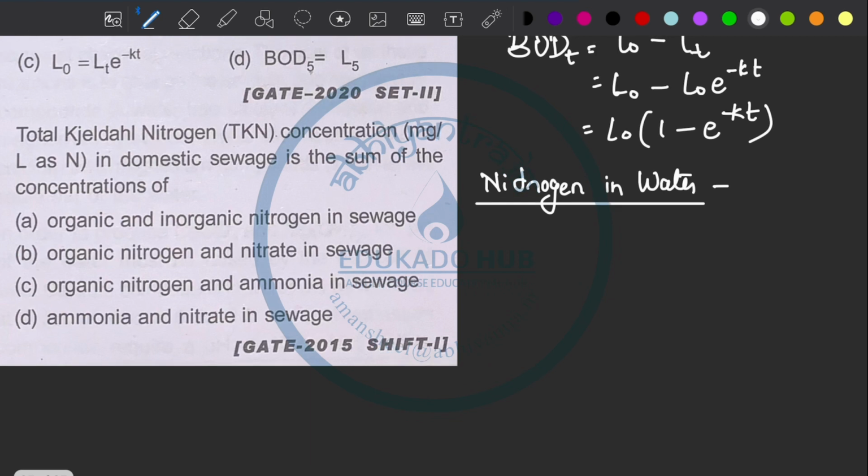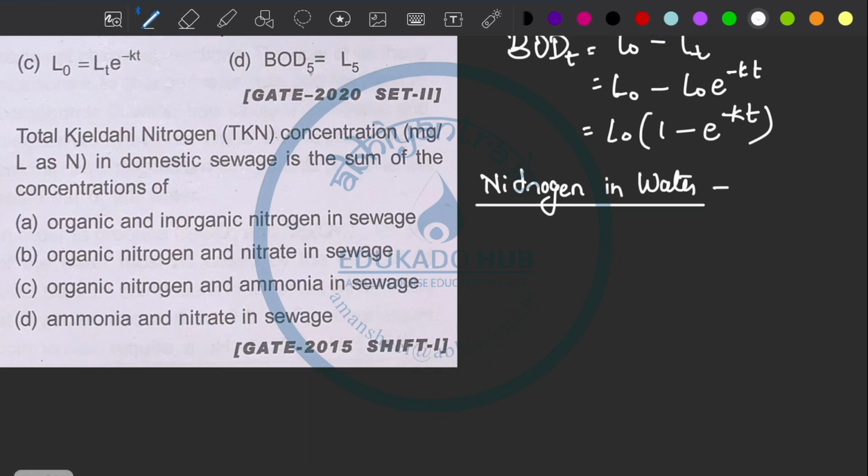The nitrogen in any water indicates that there was some kind of organic contamination. That means when water is contaminated by sewage, then nitrogen compounds are traced, and we can say yes, there was sewage organic matter contamination.